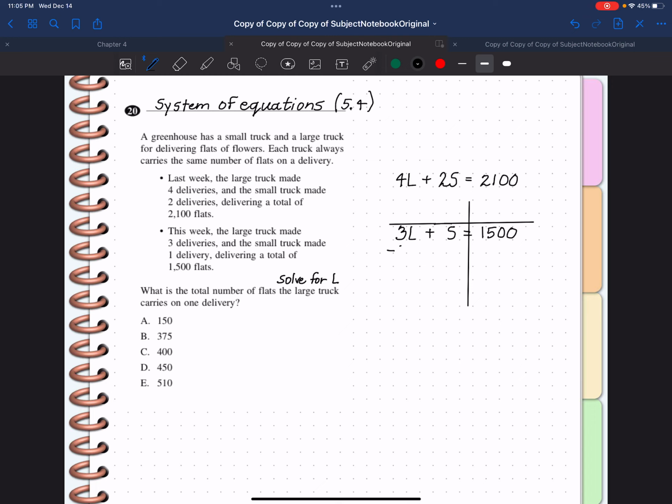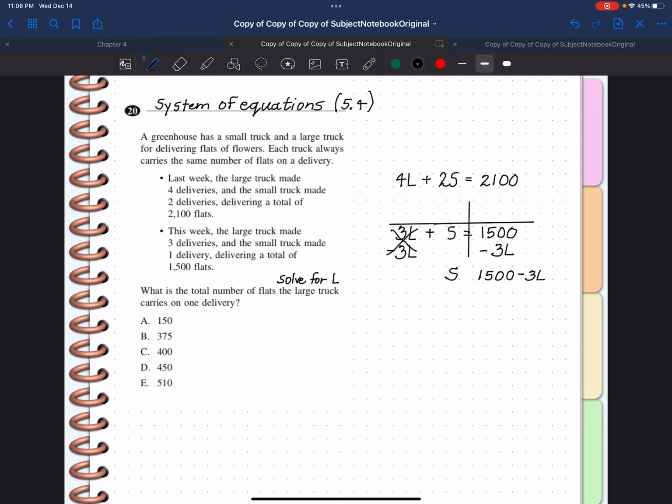So I'm going to move the 3L over here and cancel it. So I'm left with S equals 1,500 minus 3L. And I know that looks weird. That's okay. We're going to use that.